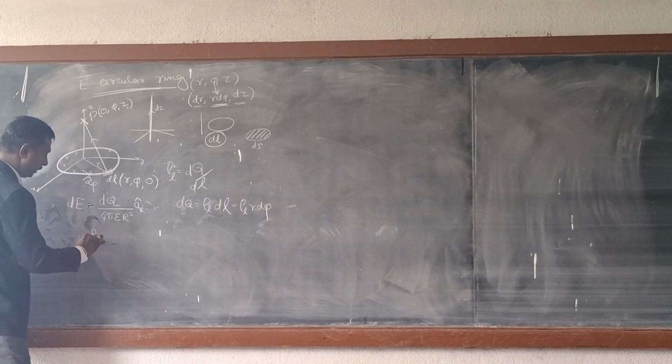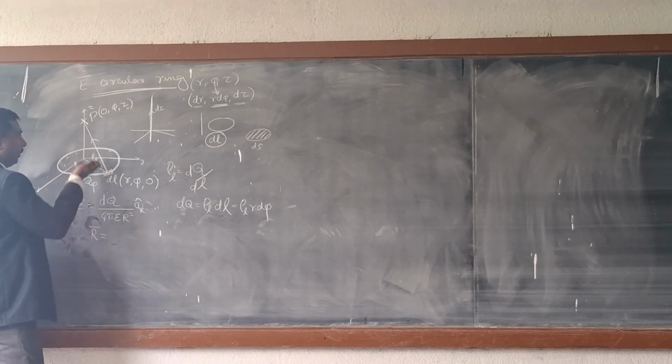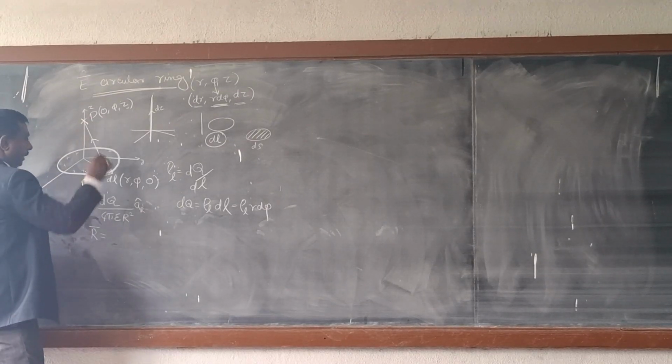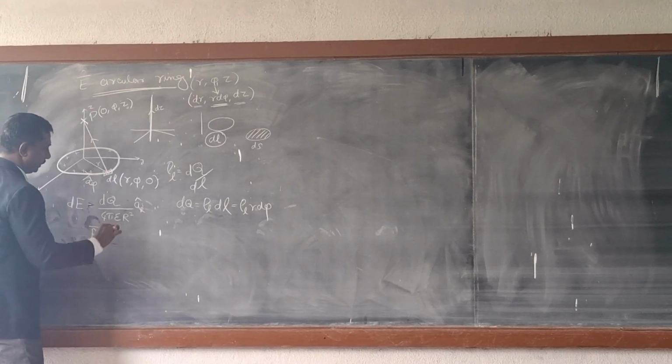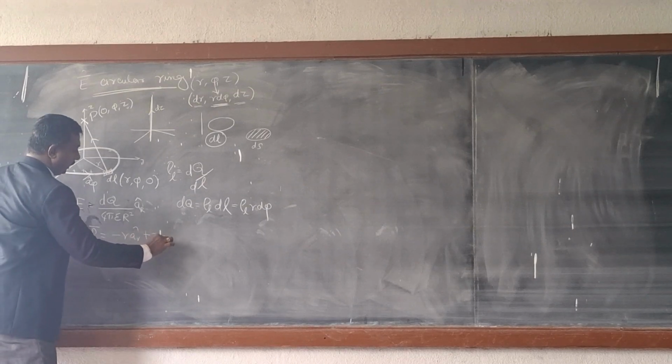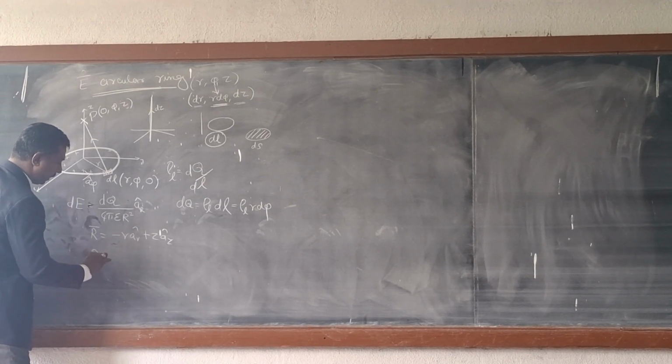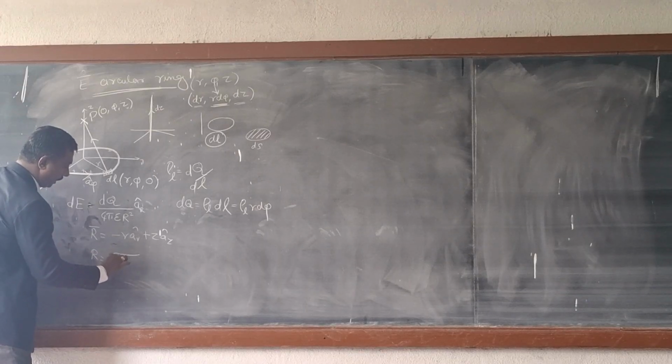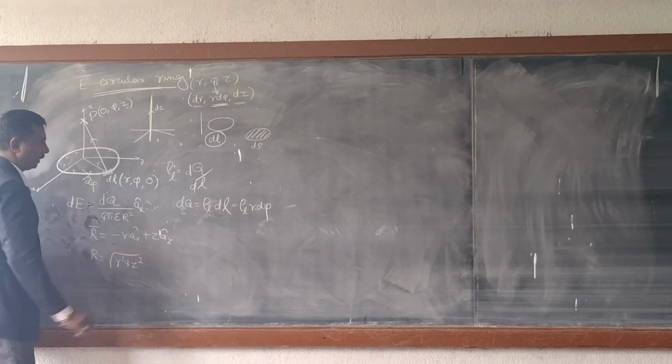Now we find R. The R vector is nothing but ending point minus starting point. This is the ending point. So 0 minus r ar plus z az. What is R? R is nothing but root of r square plus z square.